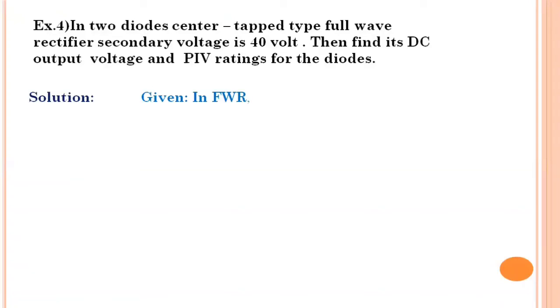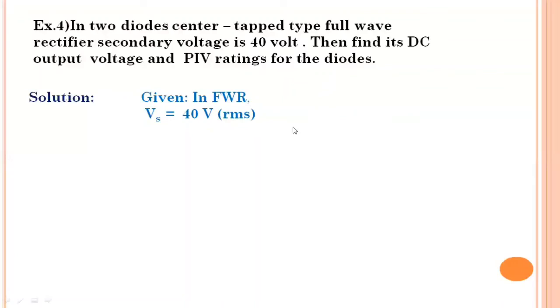So you are given here in full wave rectifier, secondary voltage between S1 and S2 is 40 volt. Total voltage between secondary S1 and S2 is given as 40 volt. But we have used here center tap type of transformer in the construction of full wave rectifier. It is compulsory.